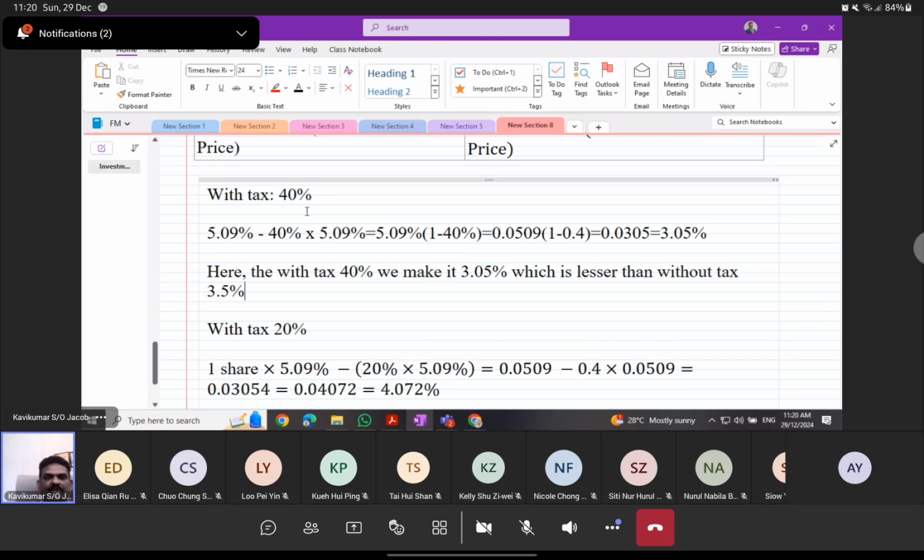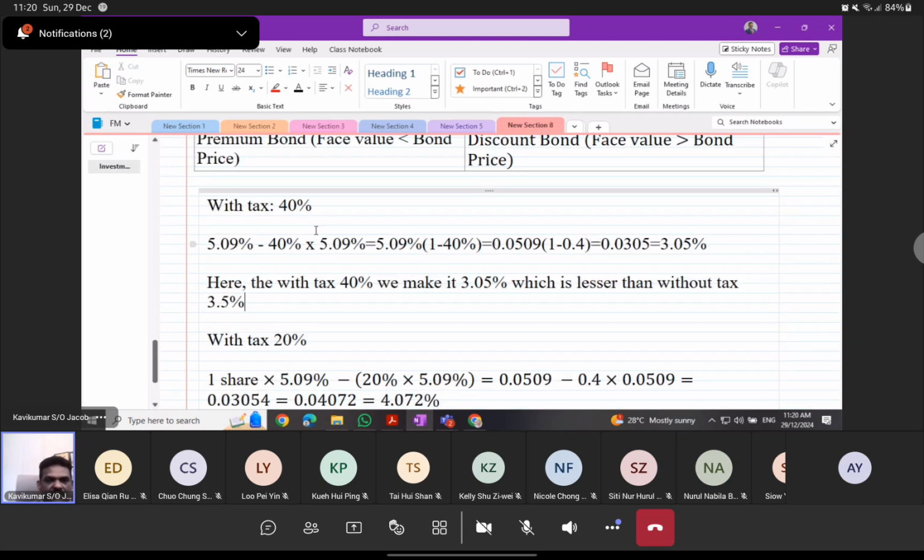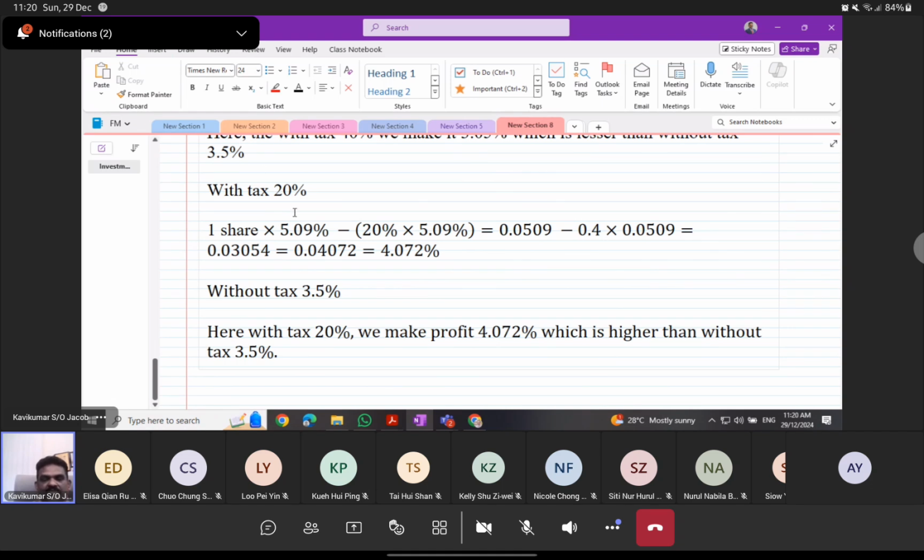So in the two scenarios, suppose your tax is 40%, we better choose the mutual fund without tax, because that one will give more than with the tax. But if your tax rate is 20%, which yields a higher return, 4.072, which is more than the without-tax one.